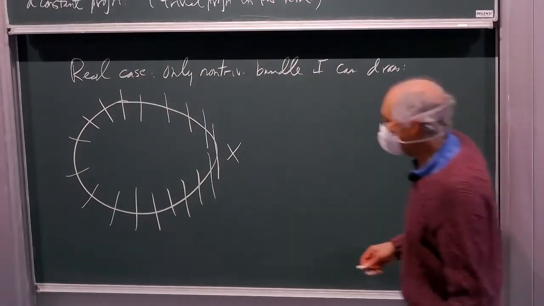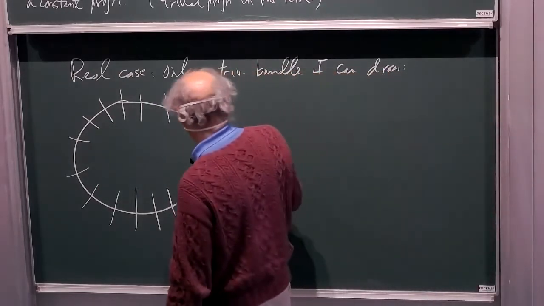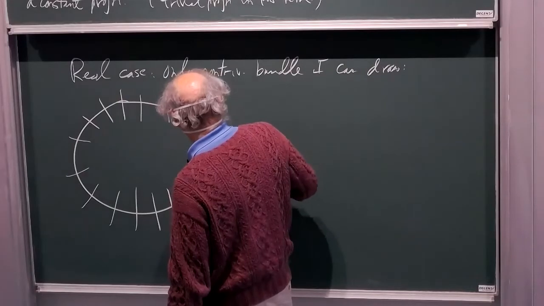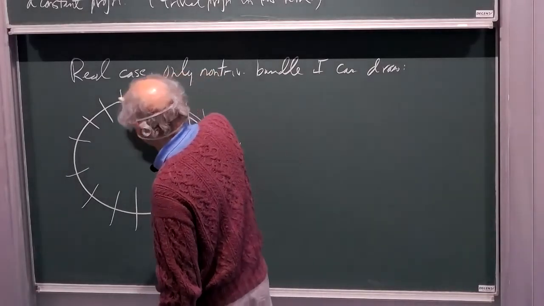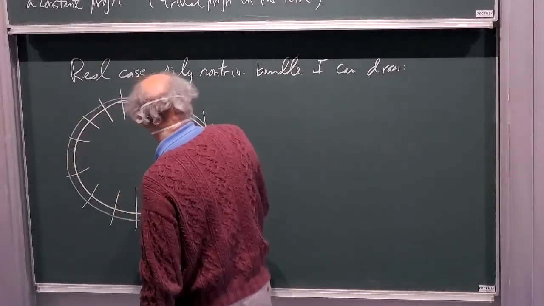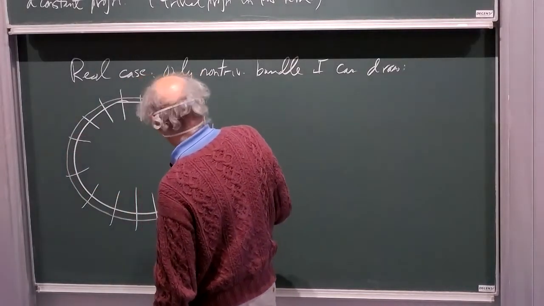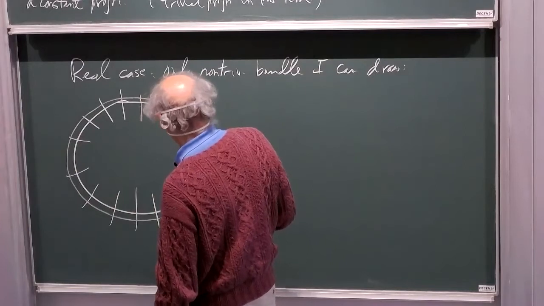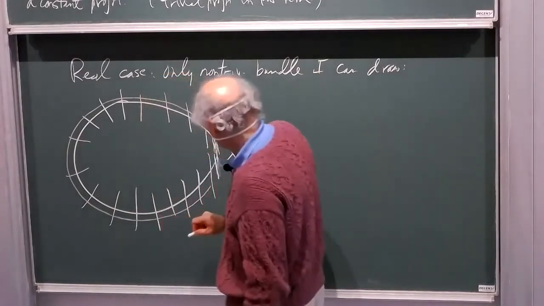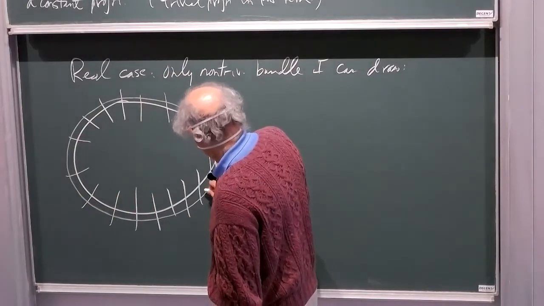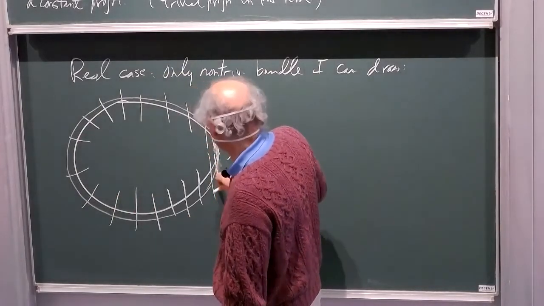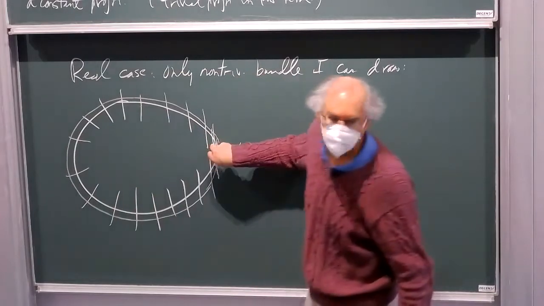And so when you try to make a non-zero section, you start, let's say, here. And you go around like this. Whoops, I did this wrong. What's wrong with this? Yeah, so I come back here instead of up there.